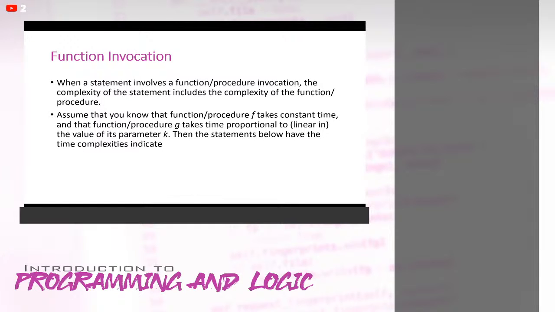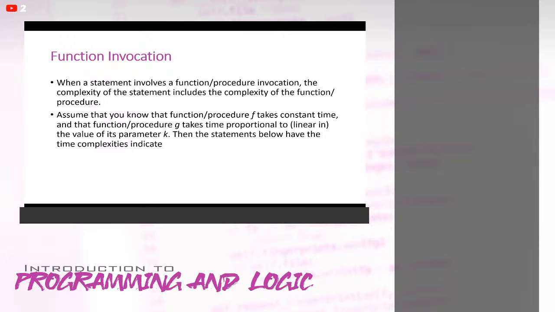And so the last thing that we want to examine is function invocation. When a statement involves a function or procedure invocation, so when you're invoking a function inside of another function, the complexity of the statement includes the full complexity of that other function.